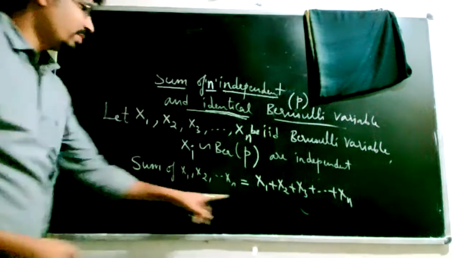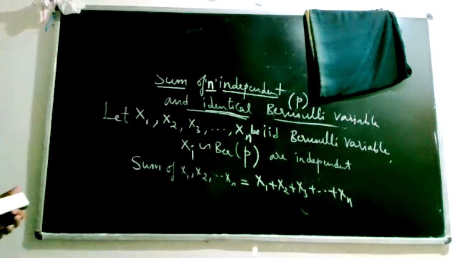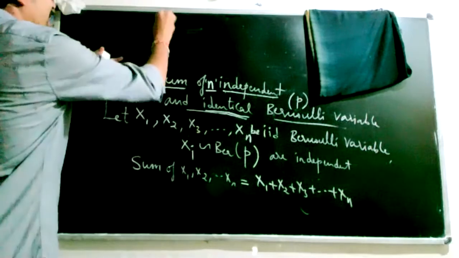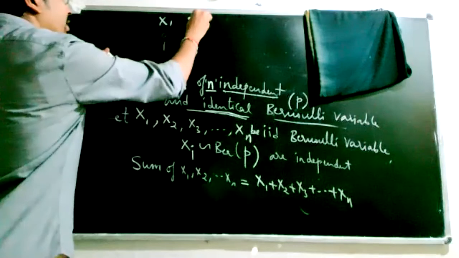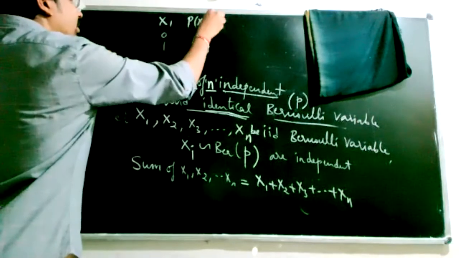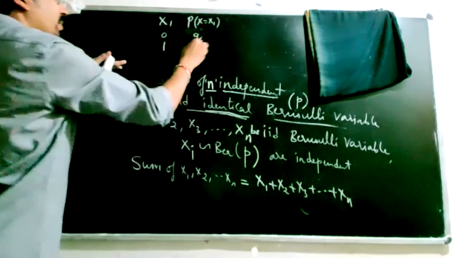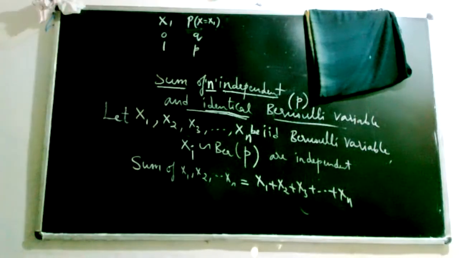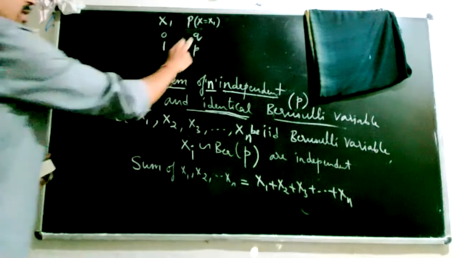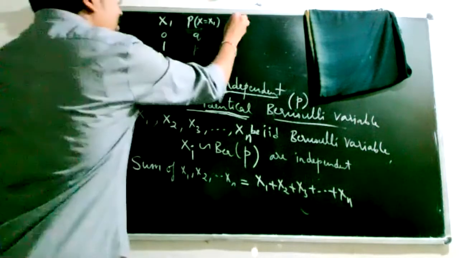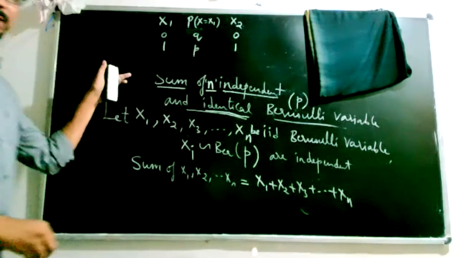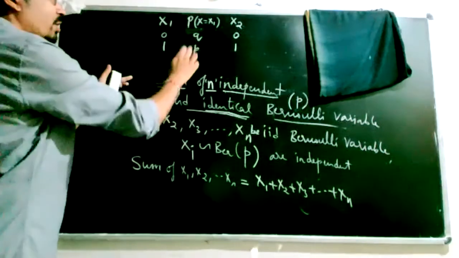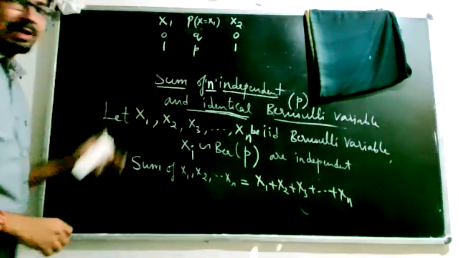Since x1 is a Bernoulli variable with p, the distribution of x1 is 0, 1 with probabilities q and p. Because the distribution is identical, the probability is the same. Now x2 is also taking values 0 and 1 with the same probabilities, q as well as p.